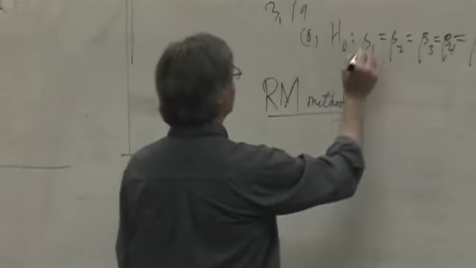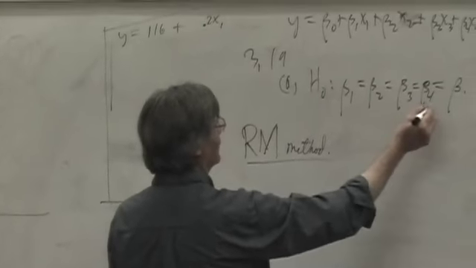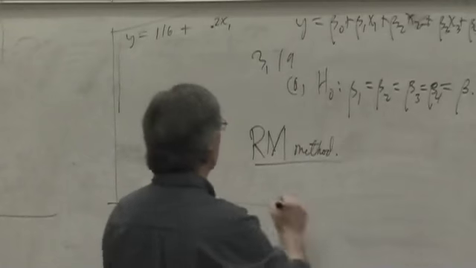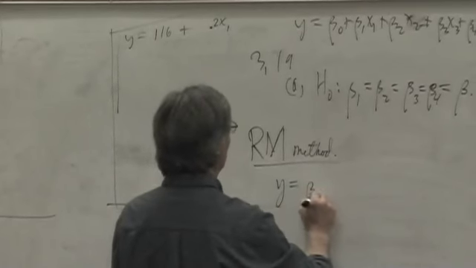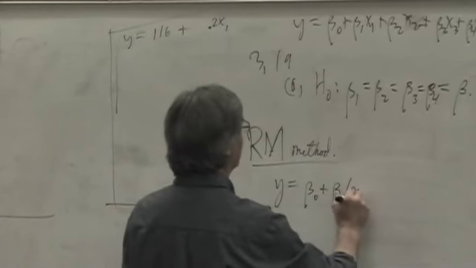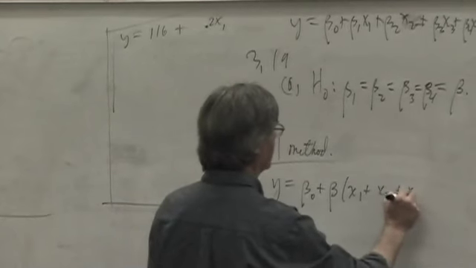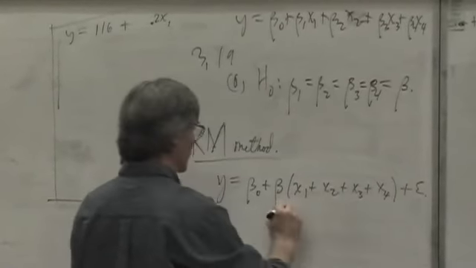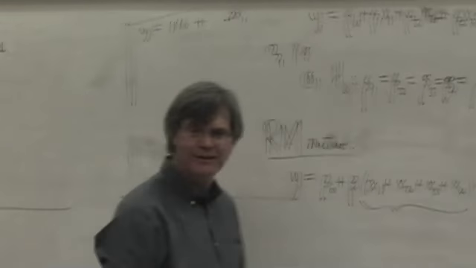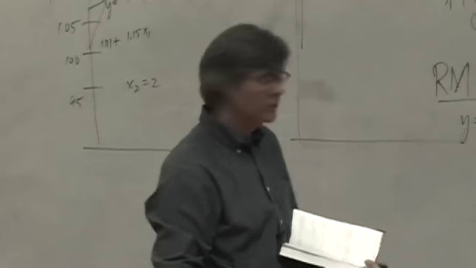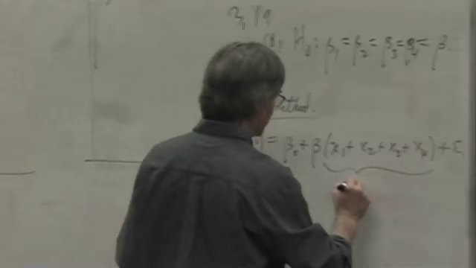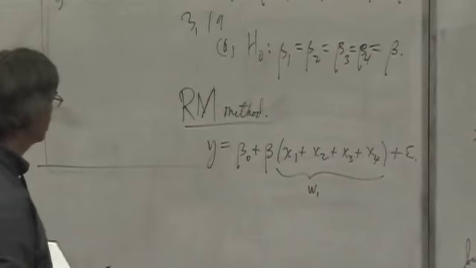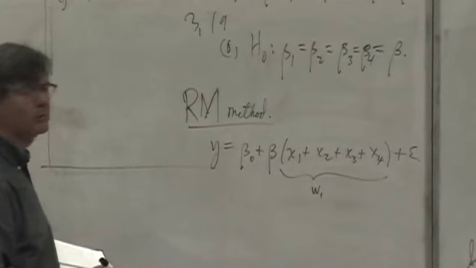The reduced model method is to plug these constraints into the equation, and you get y equals beta 0 plus beta times (x1 plus x2 plus x3 plus x4) plus epsilon. So you call this a new regressor. Call it W1 or something. And now you have a linear regression of y on W.